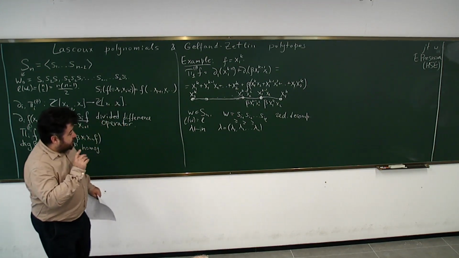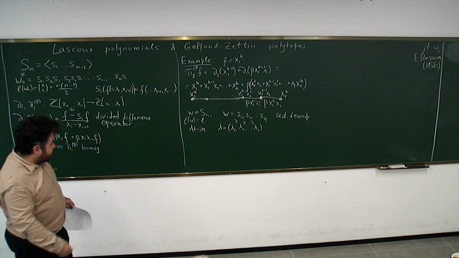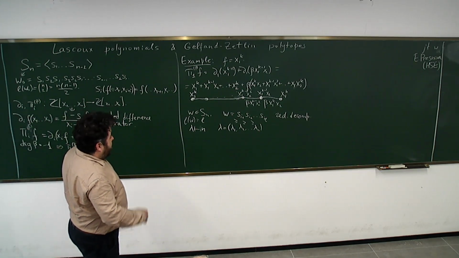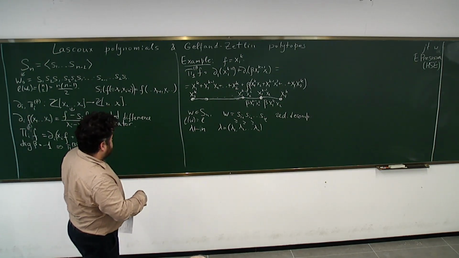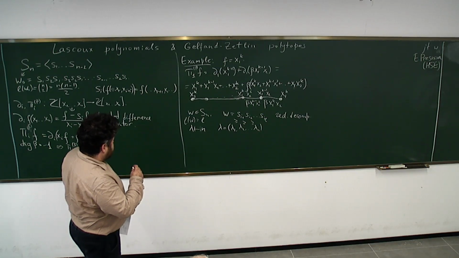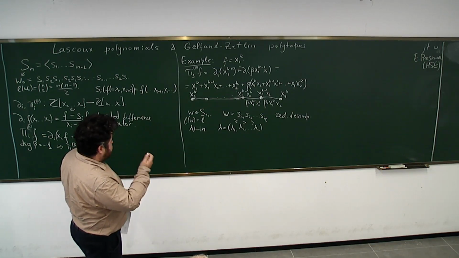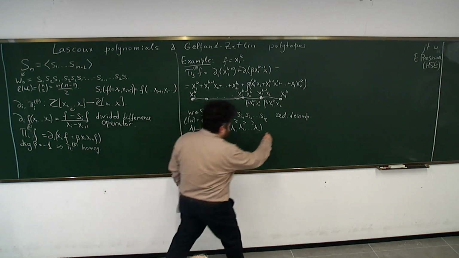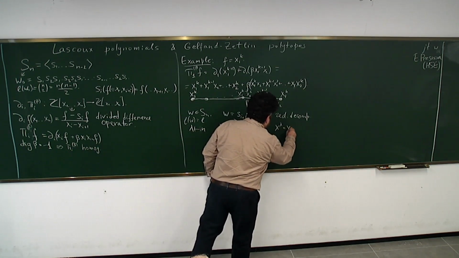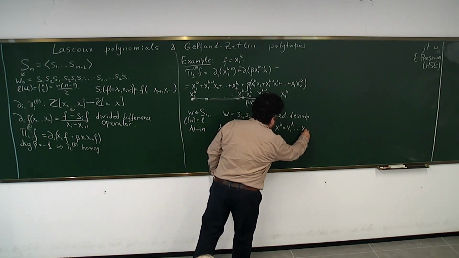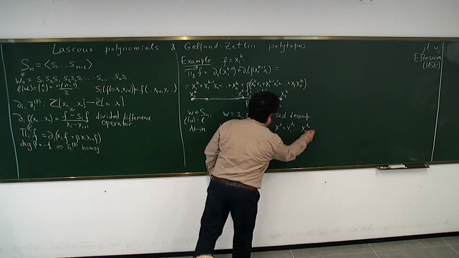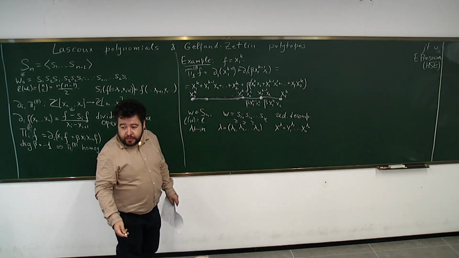This will be important for us. And now, x to the power lambda will be x1 to the lambda 1, etc., xn to the lambda n. Such a usual shorthand notation.